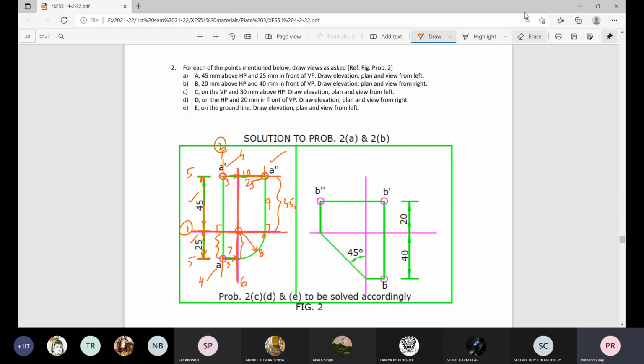Okay. So if you follow these steps very carefully, there should not be any problem. The complete description is given in your problem sheet, that solution, and with this guidance, you can go for the other solutions, C, D, and E. Now I will repeat it once more.